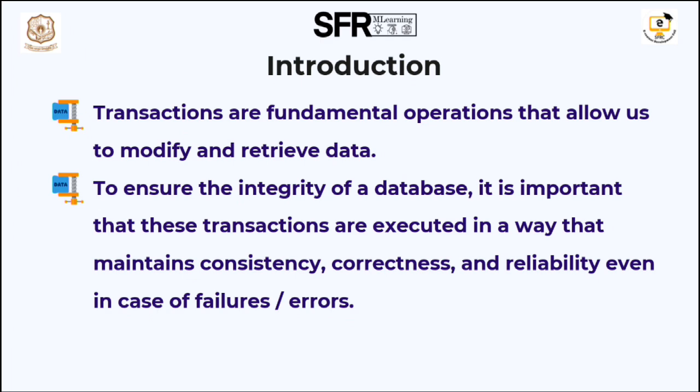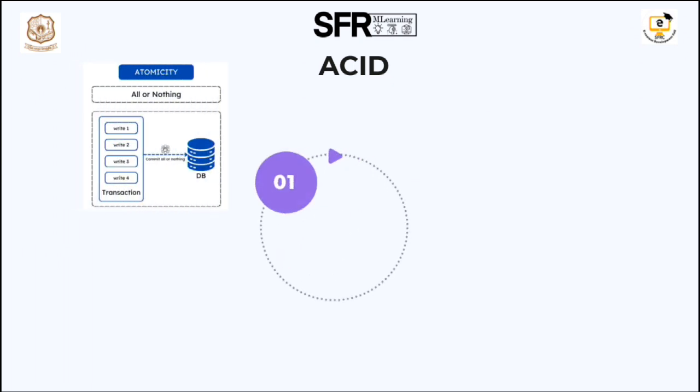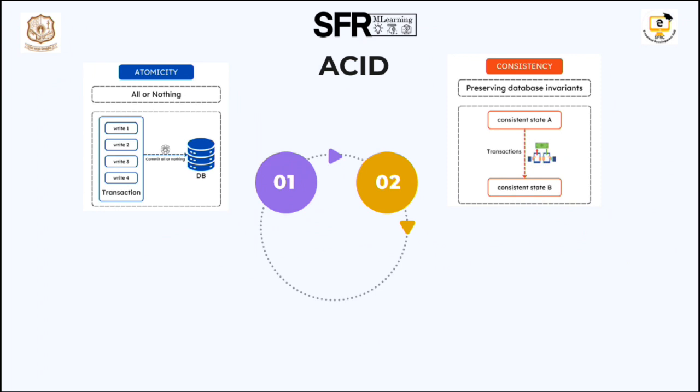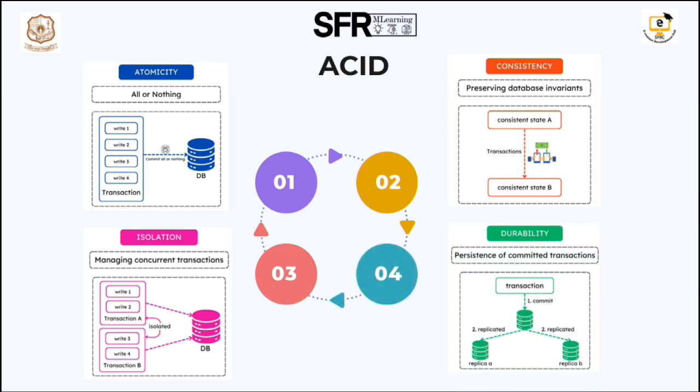What is ACID? Let's see it clearly. In the word ACID, A stands for atomicity, C stands for consistency, I stands for isolation and D stands for durability. These ACID features are used by the DBMS to maintain data integrity and consistency.